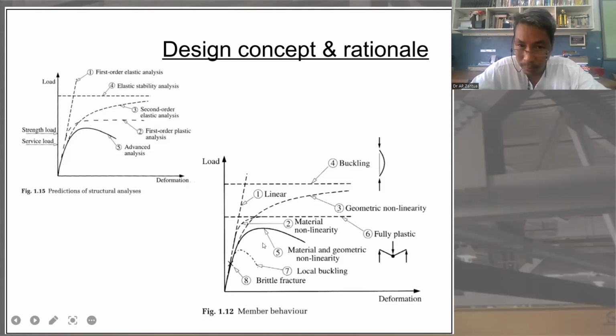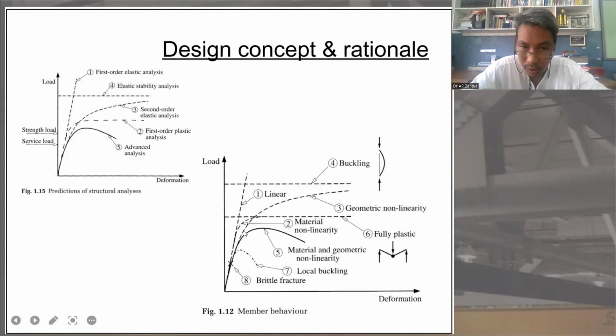For example, if the member is number 3, geometric nonlinearity, and you use first order elastic analysis or first order plastic analysis, it would only be able to predict the behavior of material up to a certain point. For example, up to this point. Okay, up to this point.